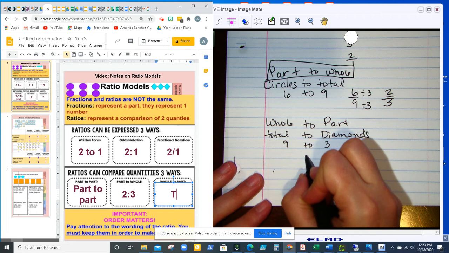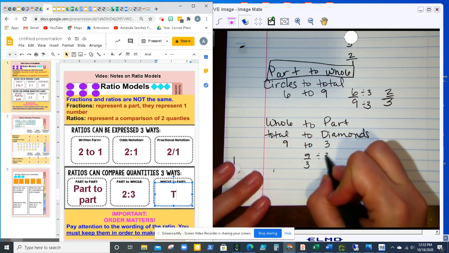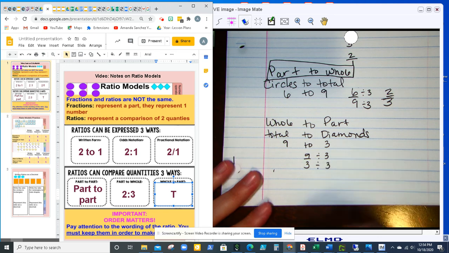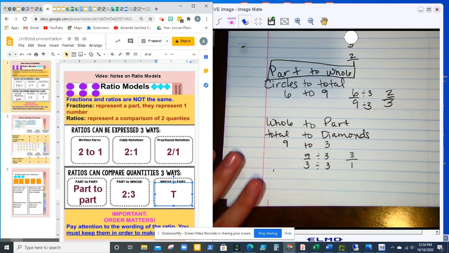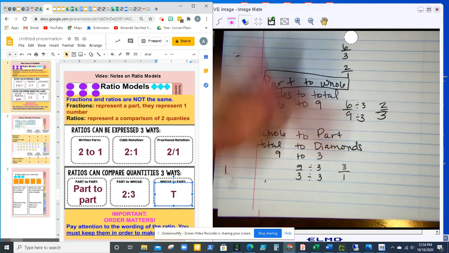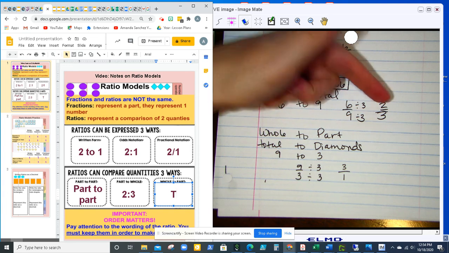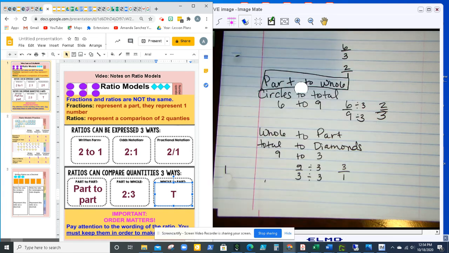I'm going to put it as a fraction, and then simplify it. So 9 divided by 3 and 3 divided by 3. The ratio here is 3 to 1. For every 3 shapes, there is 1 diamond. Like over here, for every 2 circles, there are 3 shapes. So I'm going to edit the document, and I'm going to put 3 to 1.